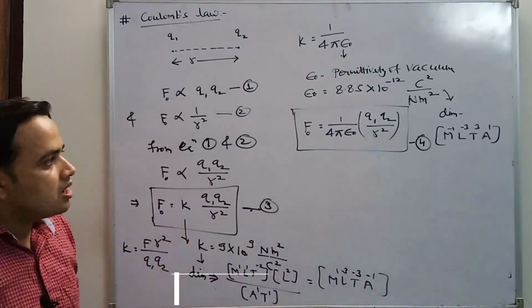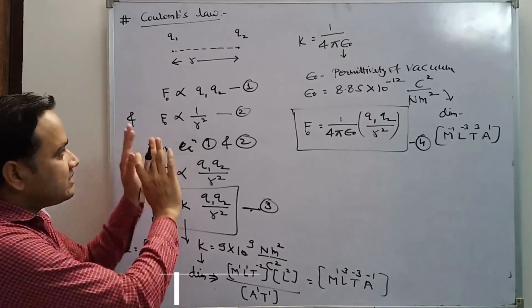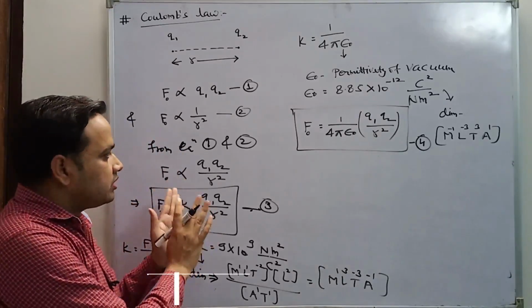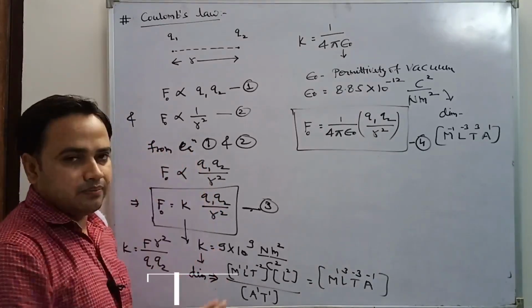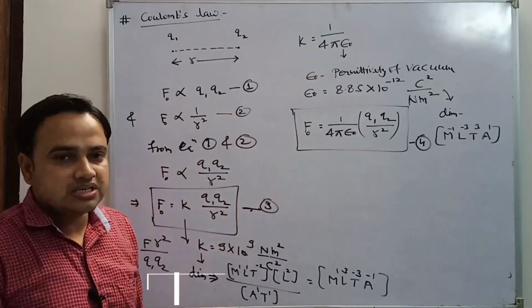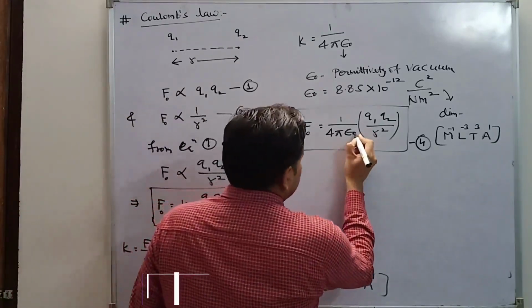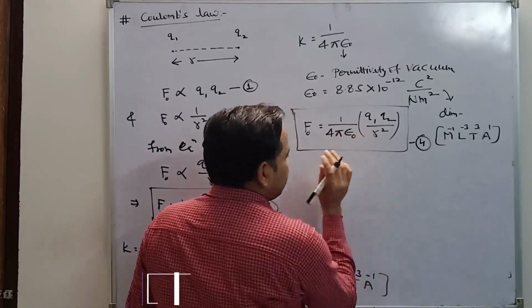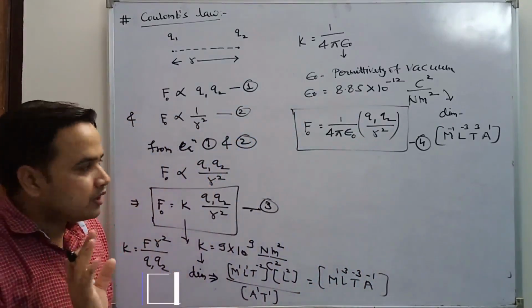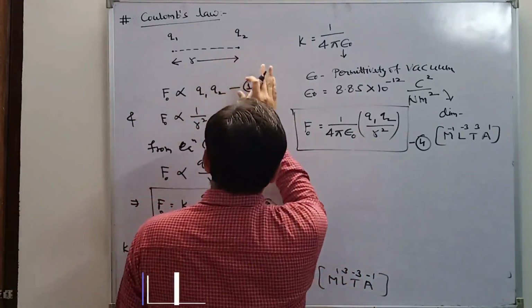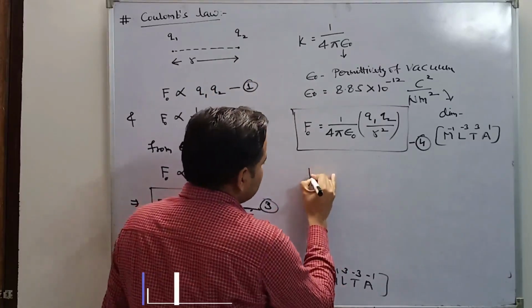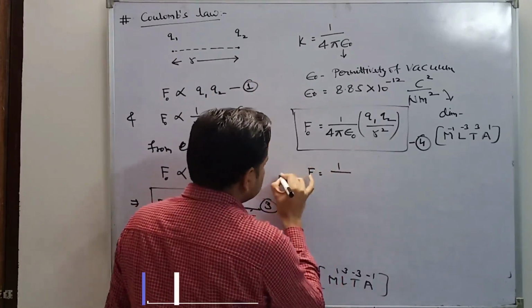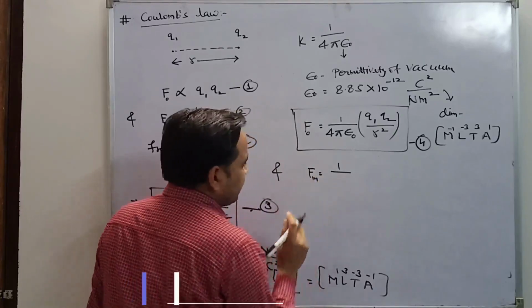Suppose there is some medium, there is no vacuum, there is no air. Then what is the force between these two charges? Epsilon naught is the permittivity of vacuum. If we put some medium between these two charges, then the force acting between these two charges is, say, Fm.